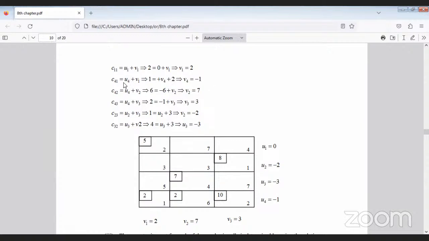What is v1? 2. -1 plus 2 అంటే ఎంత? 1 కదమ్మా? ఇక్కడ C41 is equal to 1. నేను v4 అడుగుతున్నాను. v4 అంటే ఎంత? ఇంతకు ముందు తీసుకున్న దాన్ని +2 తీసుకుంటున్నాము. అప్పుడు 1 - 2 is equal to -1 కదా?